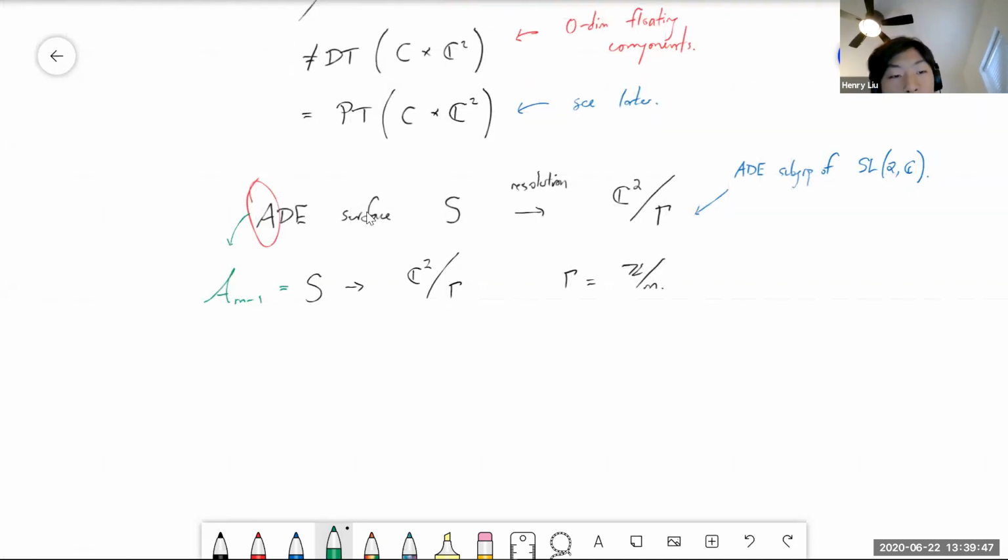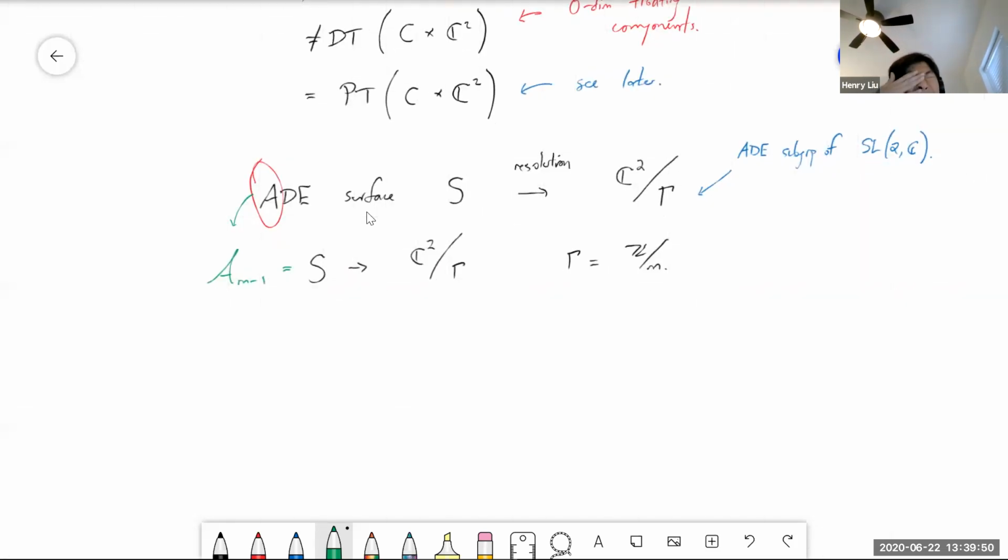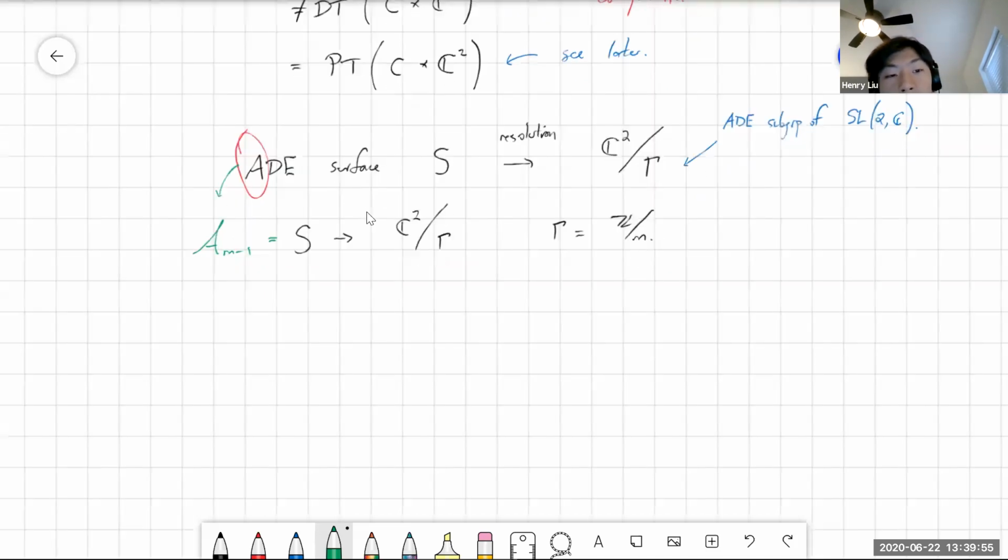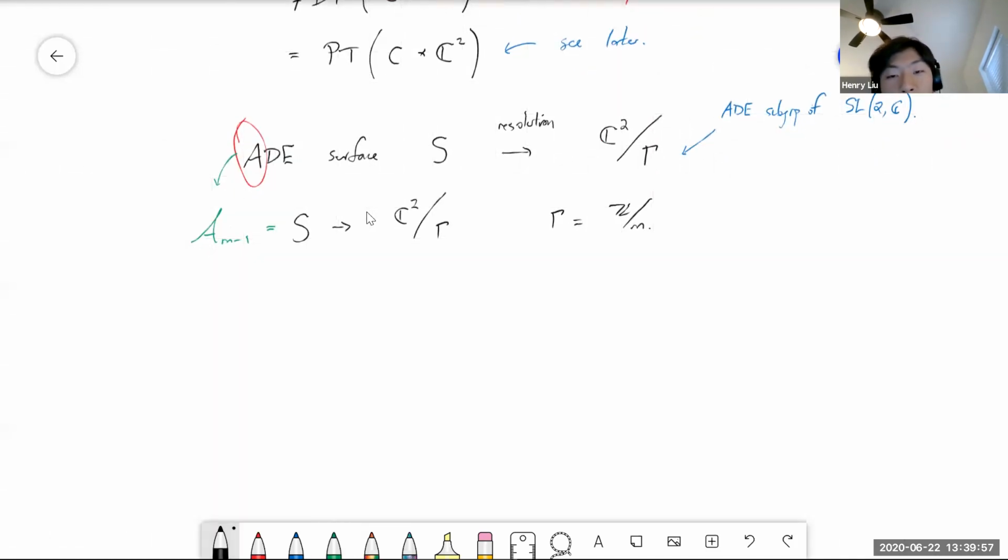And so this A sub n minus 1 is toric. It's a blow up of some singularity on C2, and its toric skeleton looks something like this. So what do we have? We'll have what used to be the X and Y axes on C2, and then a chain of exceptional divisors, something like this.